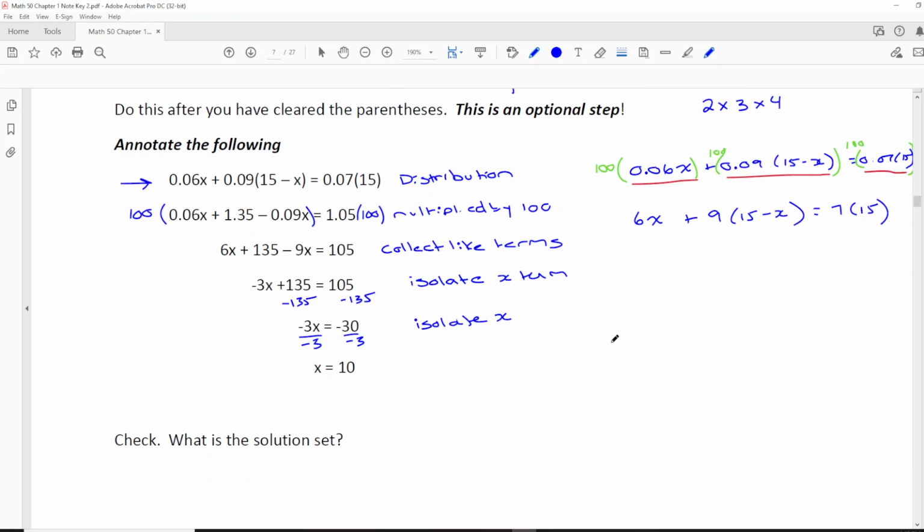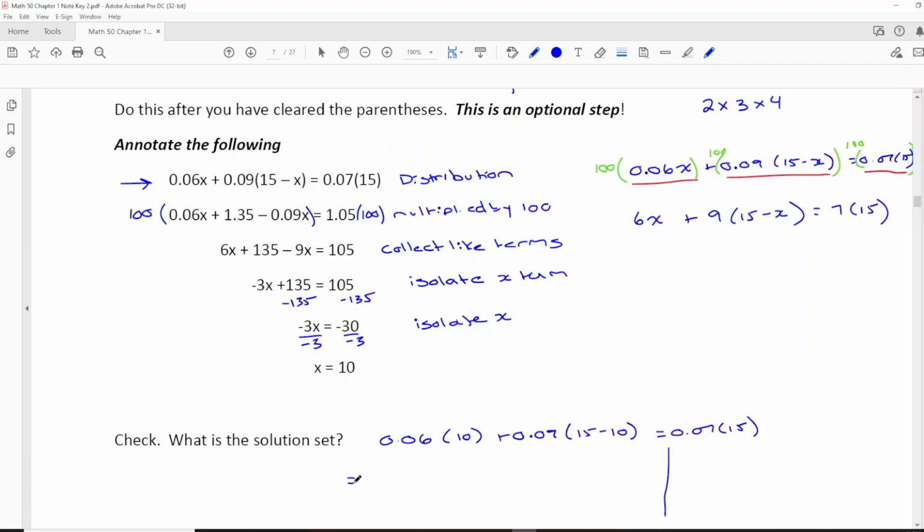And so if I was going to check this, again, always check into the original equation. So 0.06 times 10 plus 0.09 times 15 minus 10. Does that equal 0.07 times 15? Again, when you're checking, you're simplifying each side. So I'm going to just plug this into my calculator.